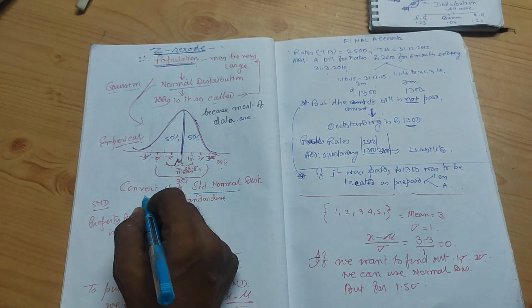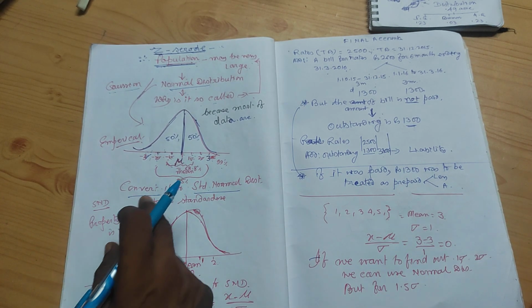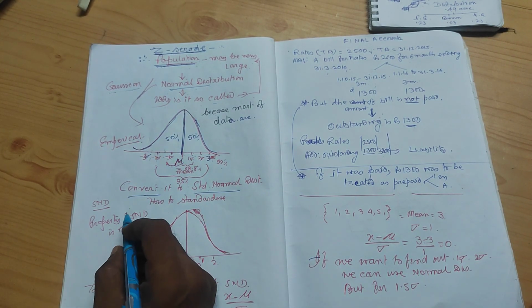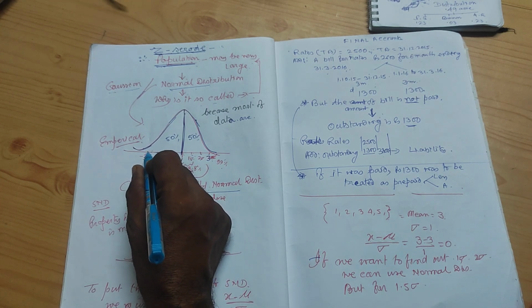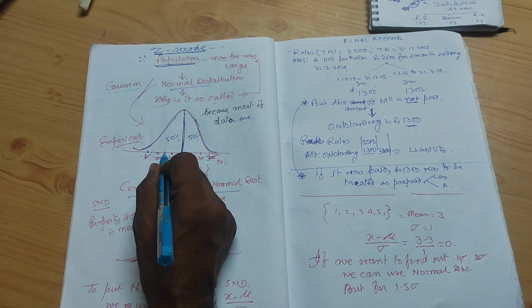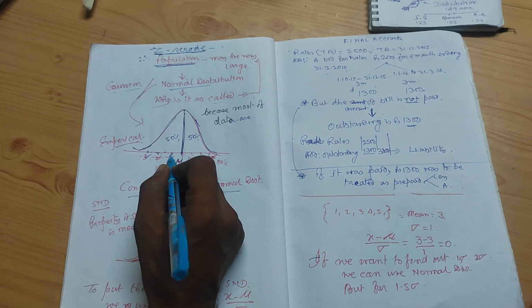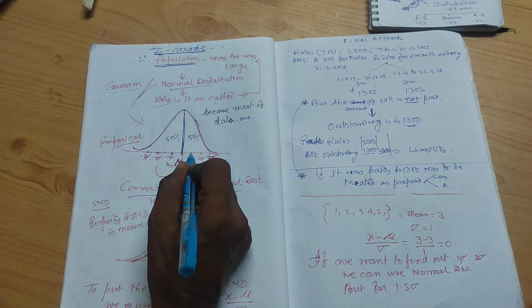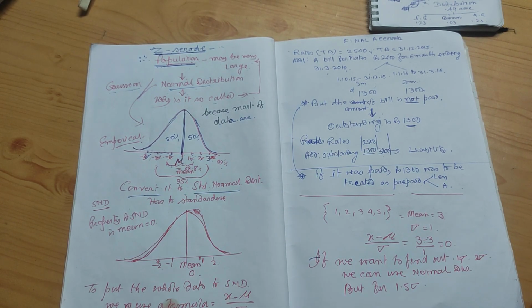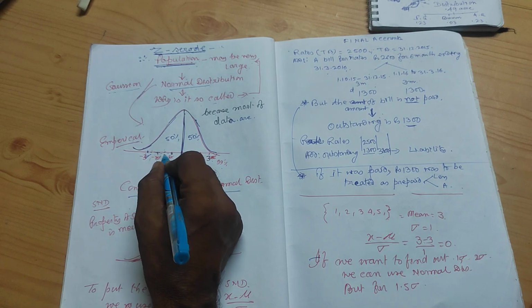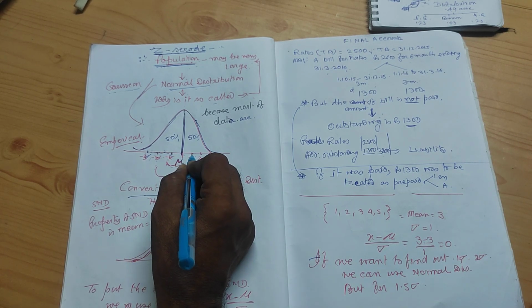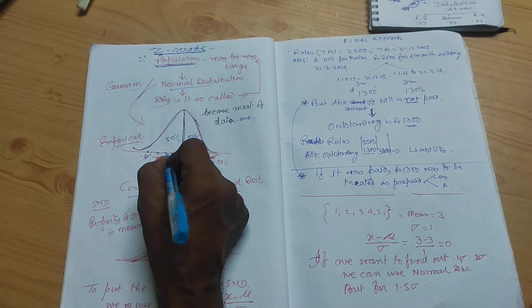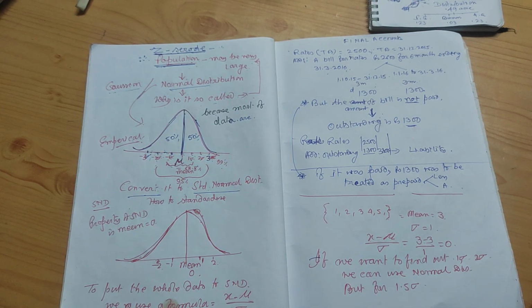So why should we convert this? Because of what I have already told you: if it is purely minus 1 SD to plus 1 SD, you get 68%. But if we want to get some data within 1.4 SD and minus 1.4 SD, it is helpless.